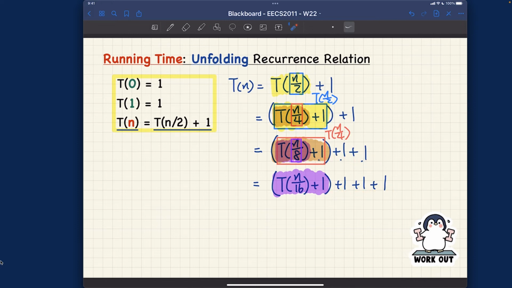You will definitely see the unfolding on the slides as well, but I think it's really important for me to derive it step by step together with you. And of course, this part over here is what we're aiming to calculate. Oh, sorry, purple. So this one here is t of n over 8.